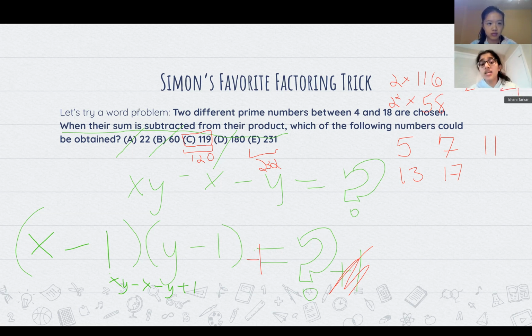So 29 is definitely not between 4 and 18, but since it's a prime number and it's not between 4 and 18, we can't get it. So 231 is definitely incorrect. So that means our answer is going to be C.